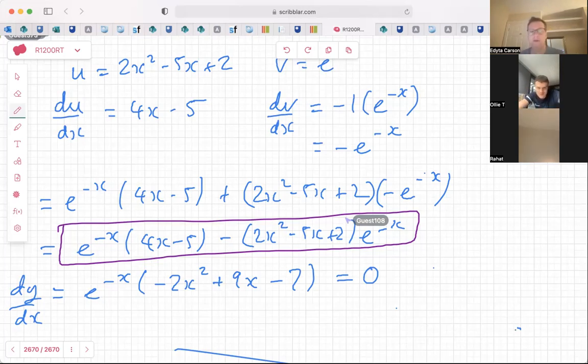Yeah, we want to find where x is, don't we? We want to find the turning points, stationary points of this curve. You said, I'll set the derivative equal to 0. So I need to solve this equation now to find out what x is. How are we going to do that?